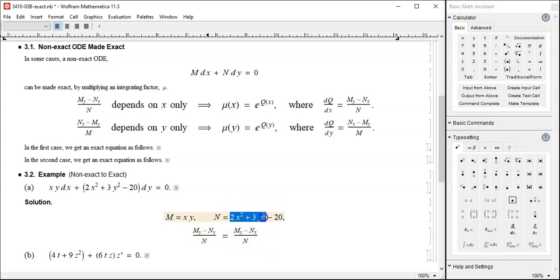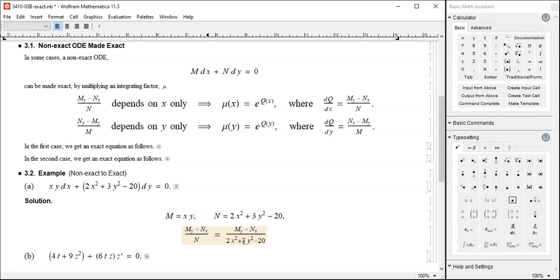Okay, the denominator is N. Now what is M sub y here? This is my function, and take the partial derivative by y. That's x. Now how about N sub x? We have to take the partial derivative by x.